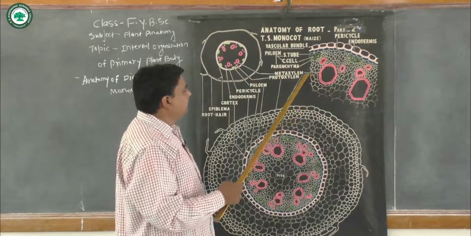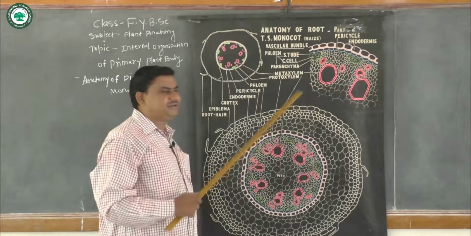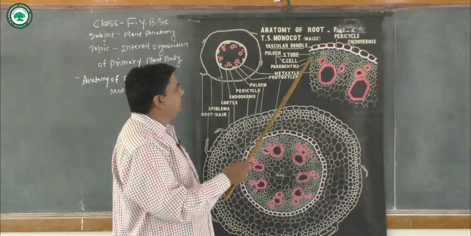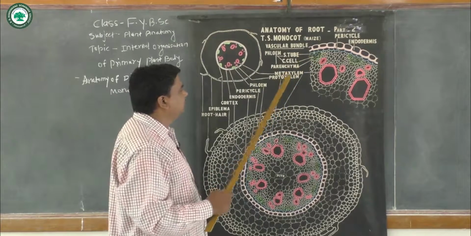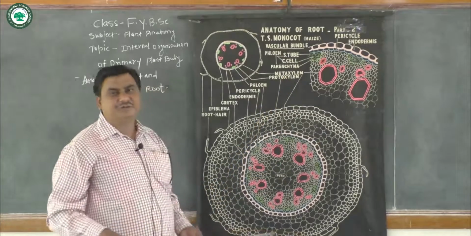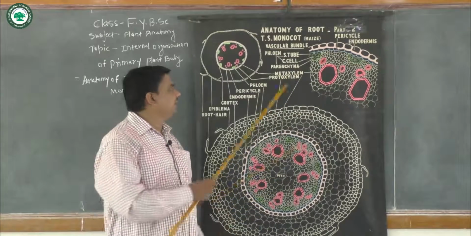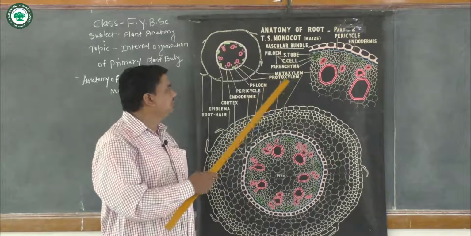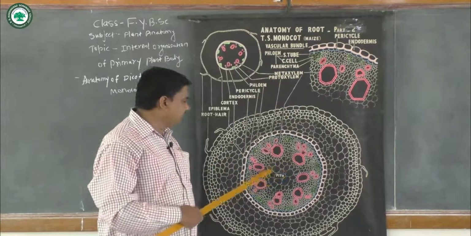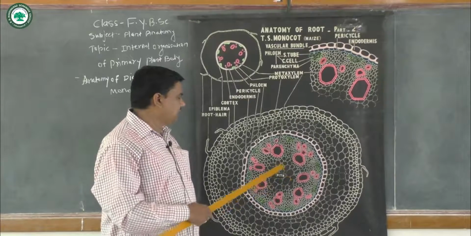The xylem consists of tracheids and vessels. Here there is the phloem, and the phloem consists of sieve tubes and sieve cells, and there is phloem parenchyma. And in the center there is a larger pith.